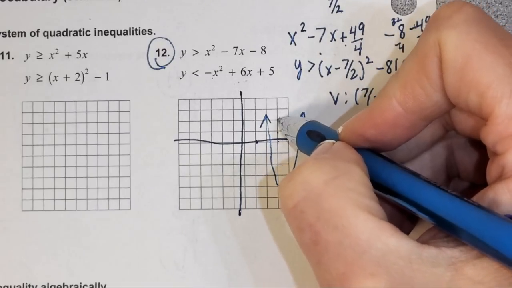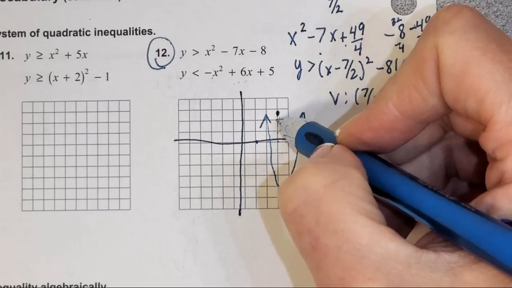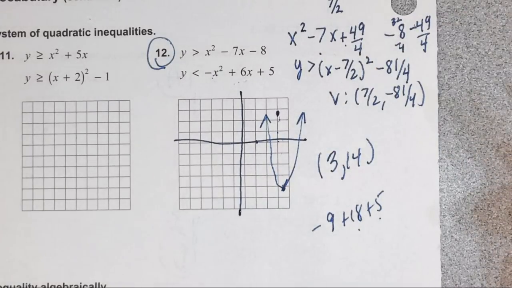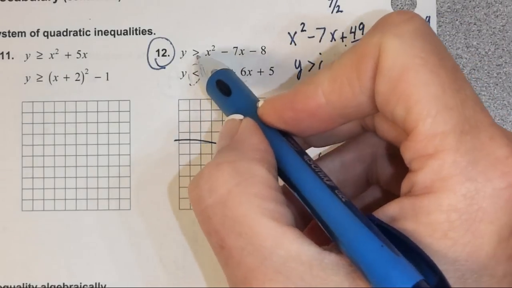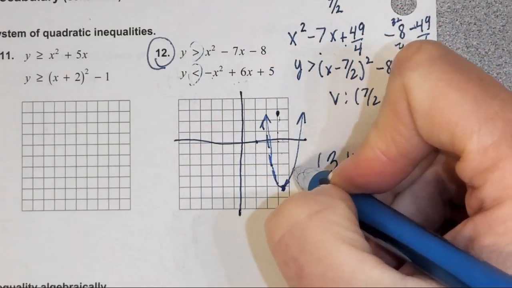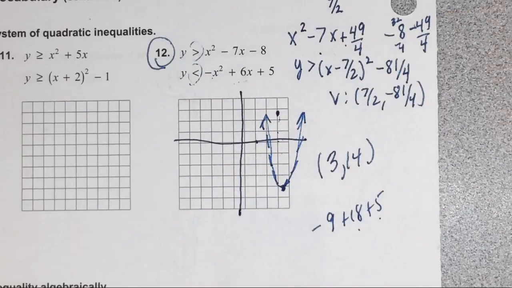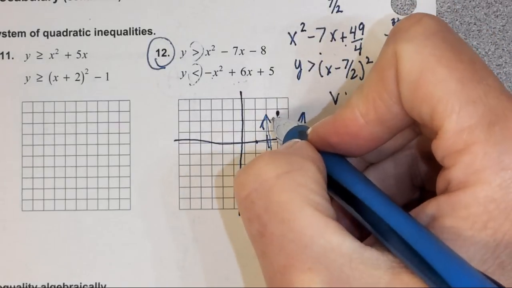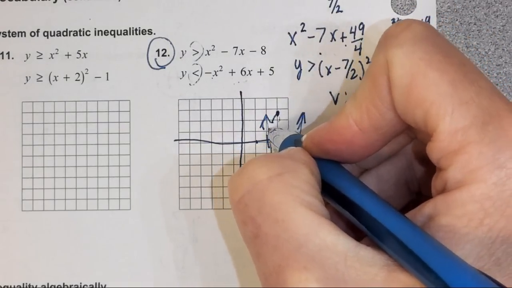And again, I'm going 5, 10, 15, 14. This is going to open down, though. Oh, no, what did I forget to do? Look at this. Yeah, these should be just dashes. That's why you should use pencil. Dashes there. And then this vertex is at 3, 14. This is going to open down, though, so I need dashes.